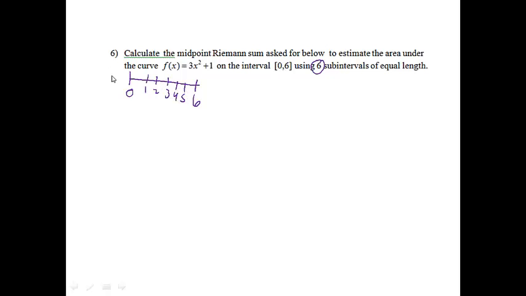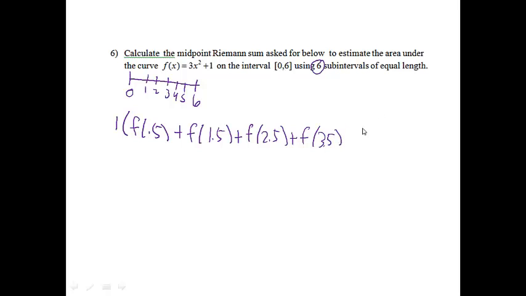Since I'm going by equal intervals to get the Riemann sum, I'm going to put a 1 on the outside because that is what I'm going by. And then I need the midpoints, which means between 0 and 1, 0.5 is my midpoint, so I'll do f of 0.5 plus, between 1 and 2, 1.5 is the midpoint, so I'll find f of 1.5, and then between 2 and 3, 2.5 is the midpoint, and then between 3 and 4, 3.5 is the midpoint, and then between 4 and 5, 4.5 is the midpoint, and then between 5 and 6, 5.5 is the midpoint.